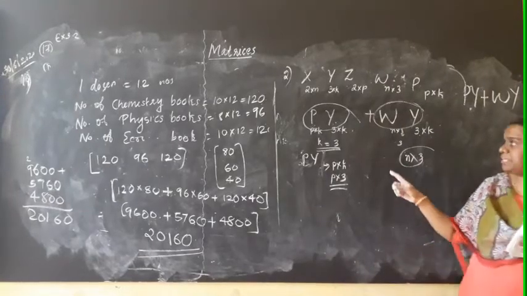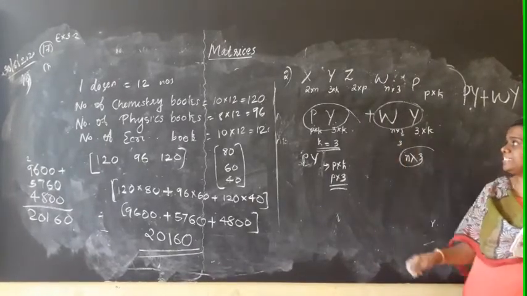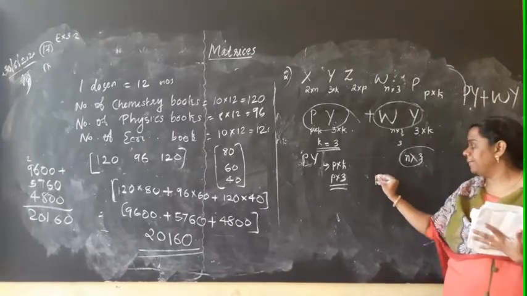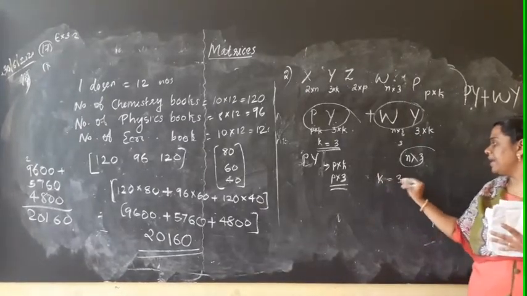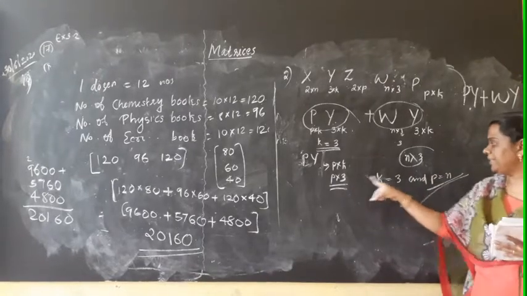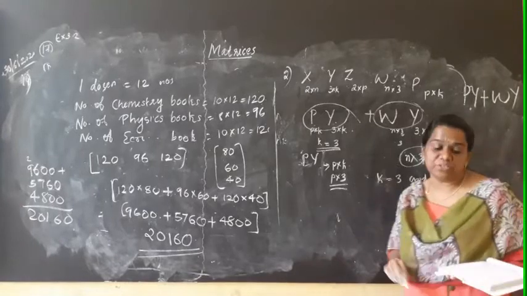Then matrix addition is possible if the two matrices are of the same order. That means p by 3 must be equal to n by 3. That means k is equal to 3 and p is equal to n. Okay, p by 3 is equal to n by 3 if p is equal to n.